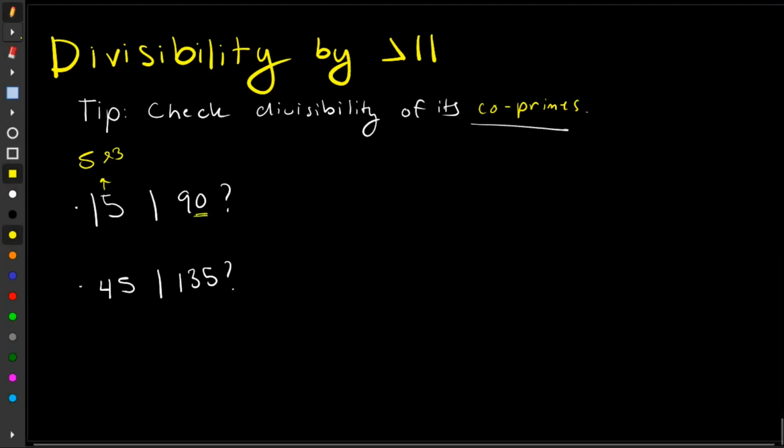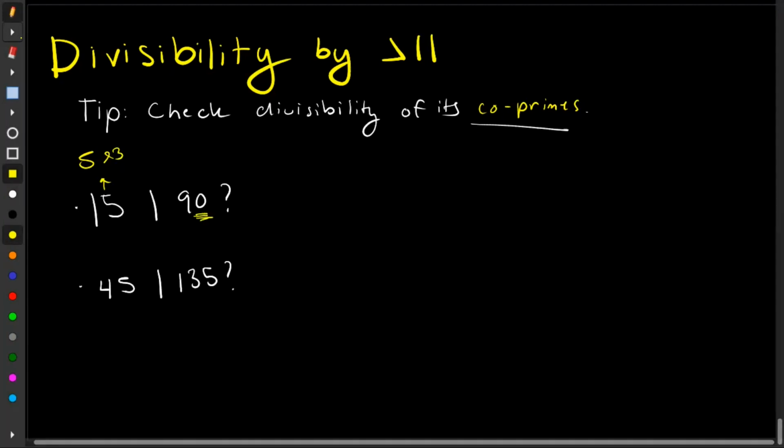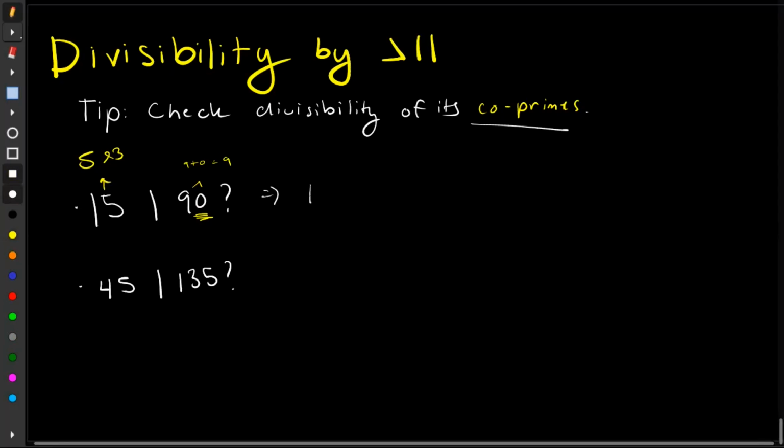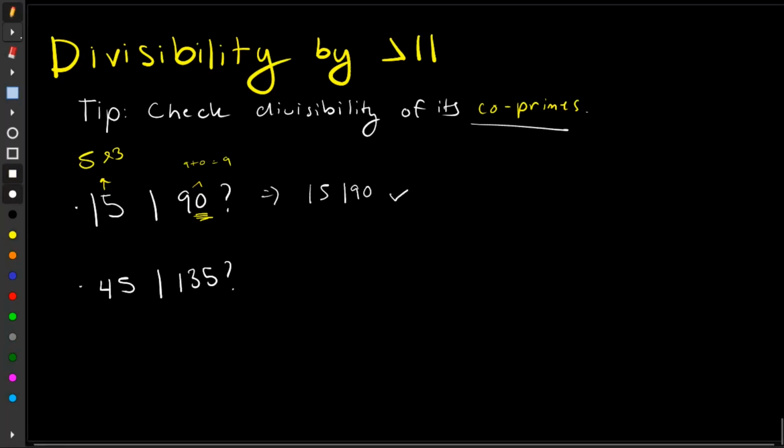Where clearly it is divisible by 5, as we said a while ago, it must end in 0 or 5. So it is divisible by 5. And also it is divisible by 3, since 9 plus 0 is 9, which is divisible by 3. So we conclude that this is indeed true. So 15 really divides 90.